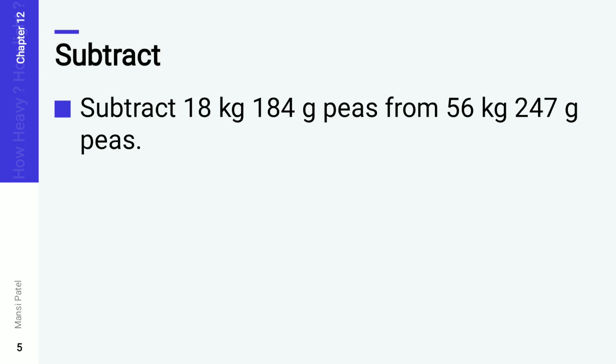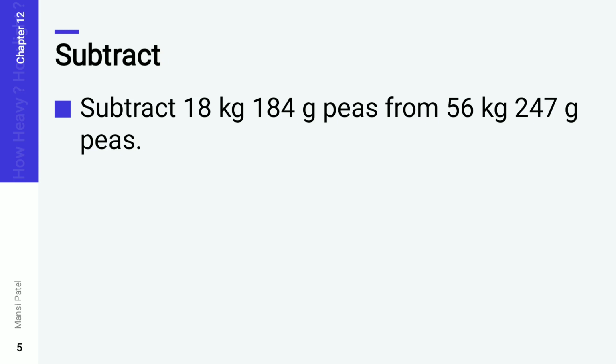Now see in the addition what we are doing. In the addition, whatever they were given, the first unit, that you write down first. And then the measurement which is given second, that you write down second. But in the subtraction, the rule is different.